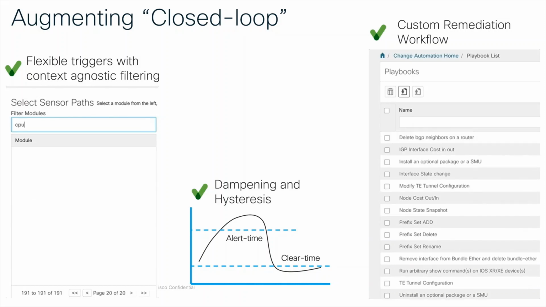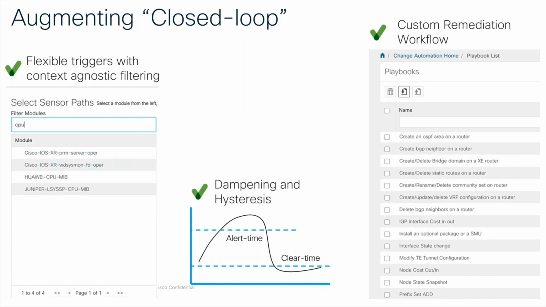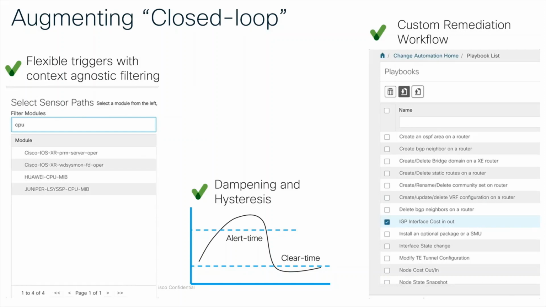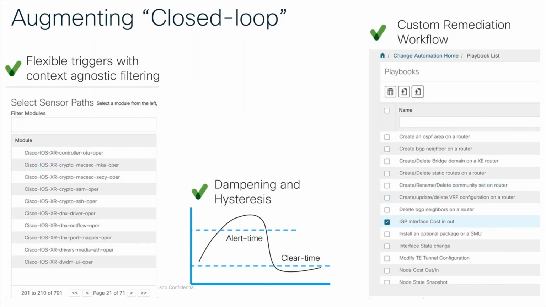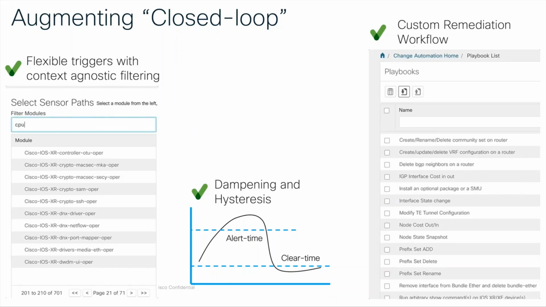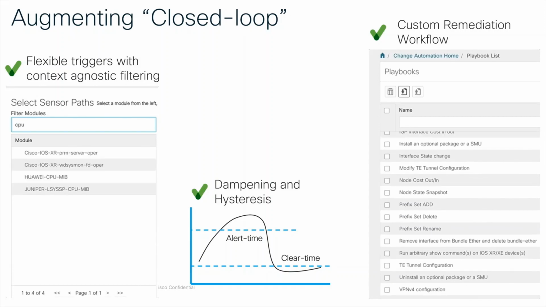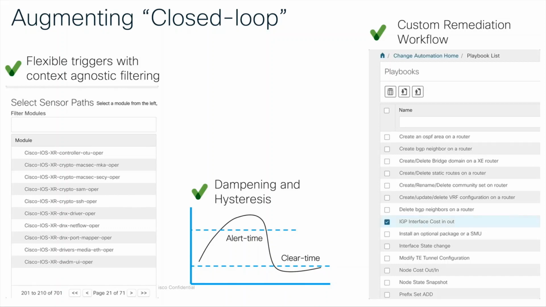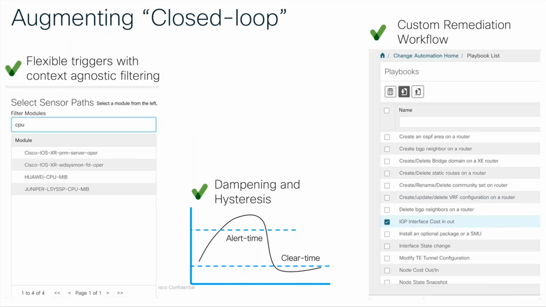So how are we augmenting this closed loop? Whenever we say closed loop, we typically collect the data using the data gateway from the device, and then the collected data gets forwarded from the data gateway to the northbound, which is Health Insights, where the alerting logic is run. And whenever the alerting logic is breached, or an alert is raised, you want to take a corrective action. When we are collecting the data, we are collecting it per KPI, and the alerting is done at the KPI level.